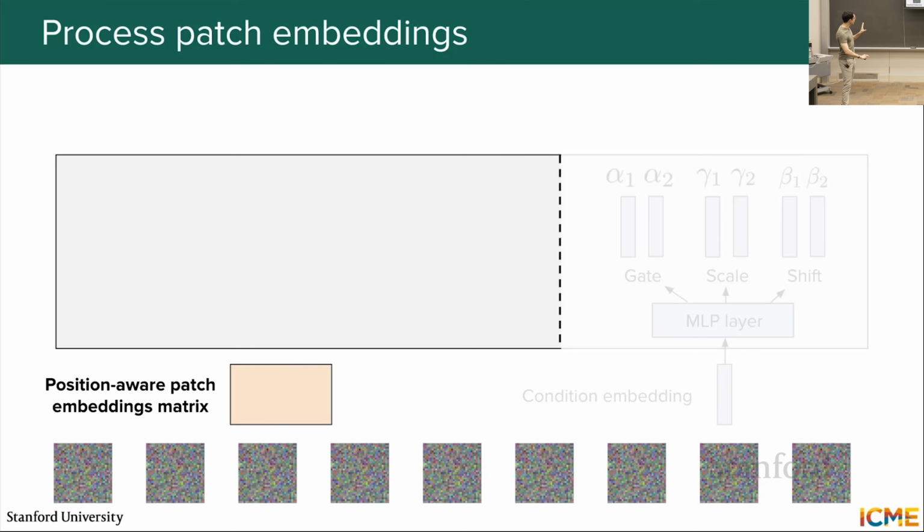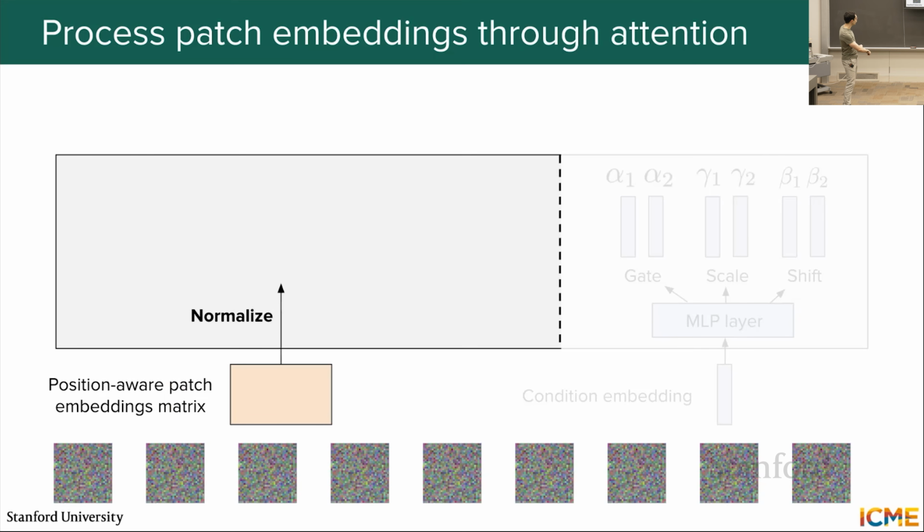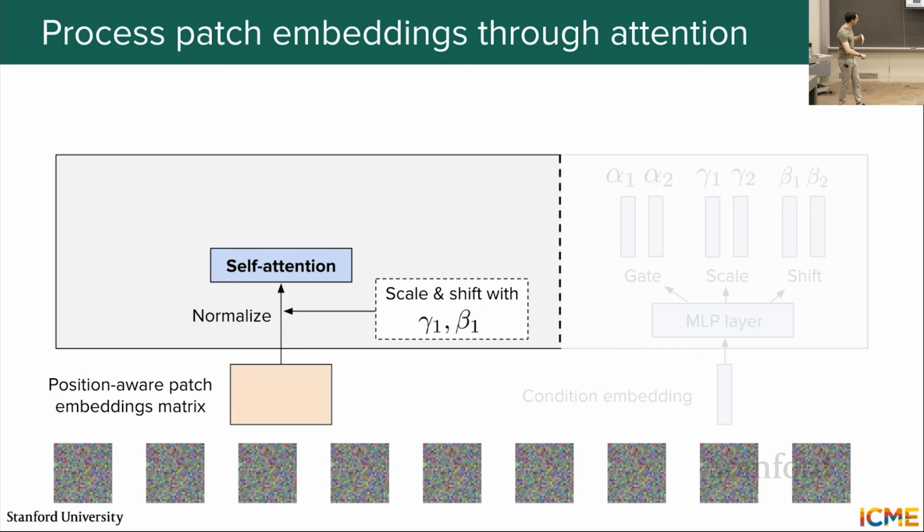So let's go back to our position-aware patch embedding matrix. We input that into our block. So what we do is we perform a layer normalization operation. And right after that, we use gamma 1 and beta 1 to scale and shift them. We input them to the self-attention layer.